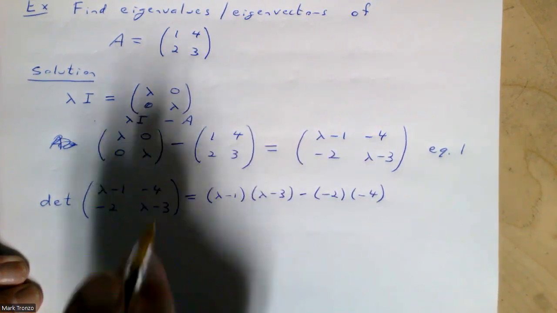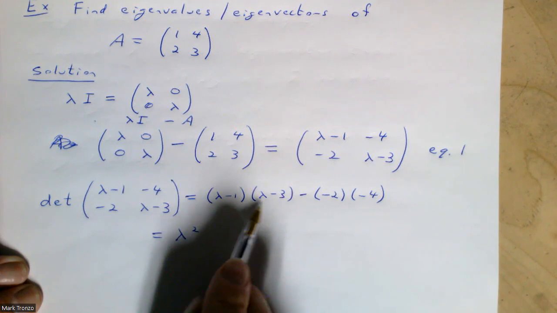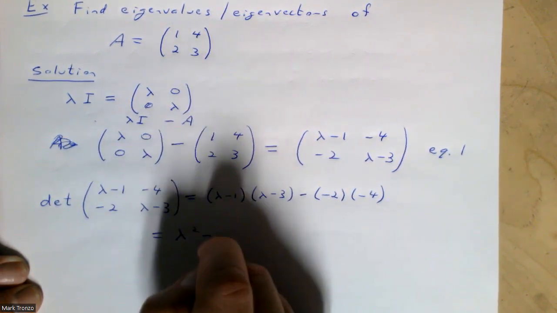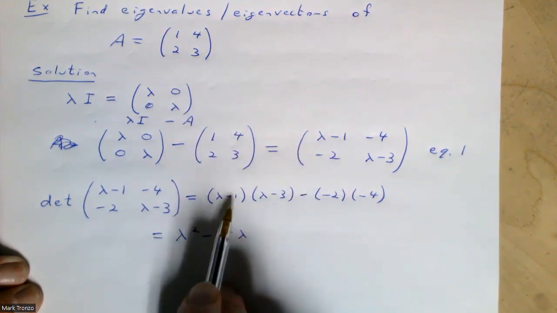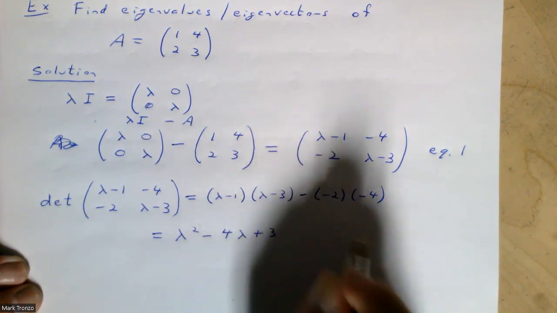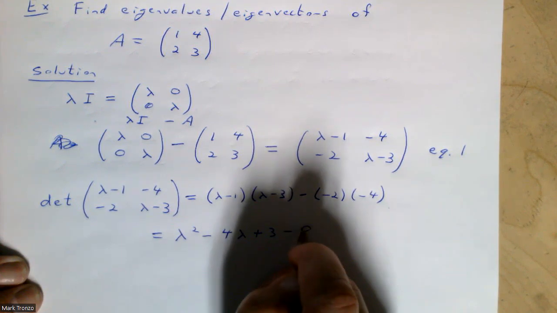But let me go ahead and multiply these through first. What is this going to give me? Lambda squared. And do your foiling and add them together. What's that going to be? 4 lambda. And then this is going to be plus 3. This is going to be minus 8.